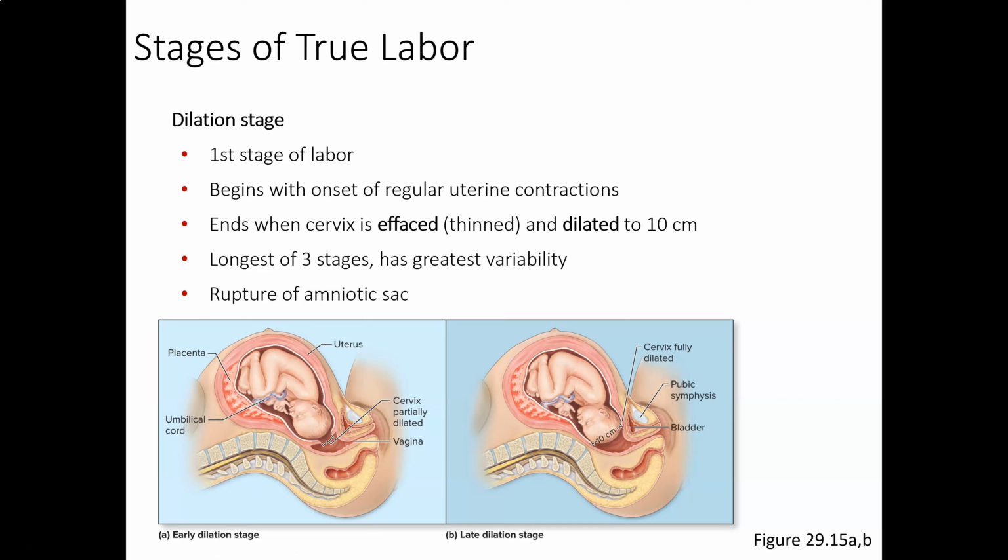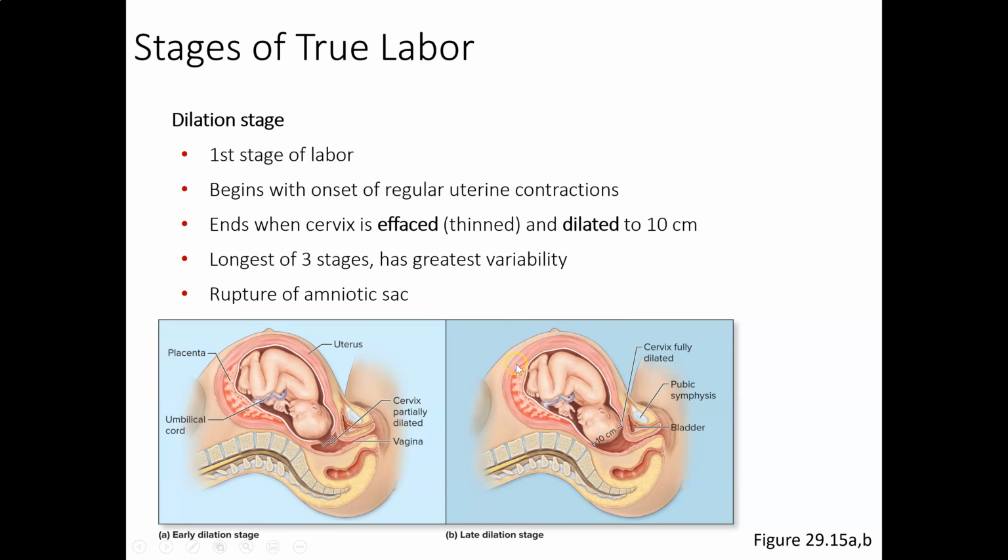You need the cervix to be that wide for the baby to come out. Also associated with the end of the dilation stage, usually during this stage, the amniotic sac surrounding the fetus has to rupture, and the amniotic fluid in the sac is usually going to get out too.